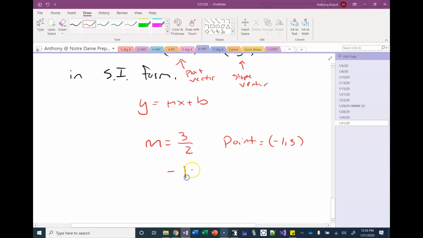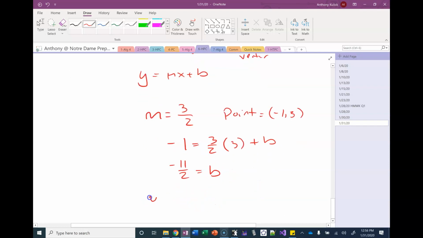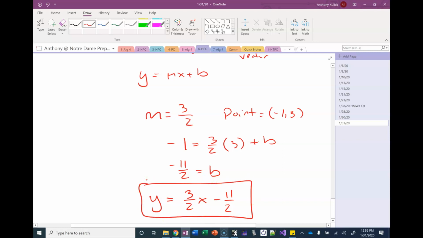So I can say that negative 1 is equal to m times x plus b. Or when I solve for b, I get negative 11 over 2. So I can say y equals 3 over 2x minus 11 over 2. Is everybody okay with that?